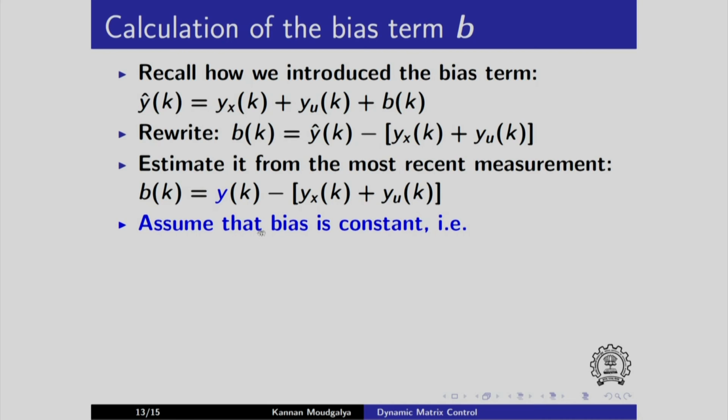We will also assume that the bias is constant, that is b of k plus 1 is equal to b of k. Remember that we need the bias term for all subsequent intervals. So, we will let b of k plus 1 equals b of k plus 2 equals b of k, and so on. All future bias terms are let equal to b of k, that is constant.